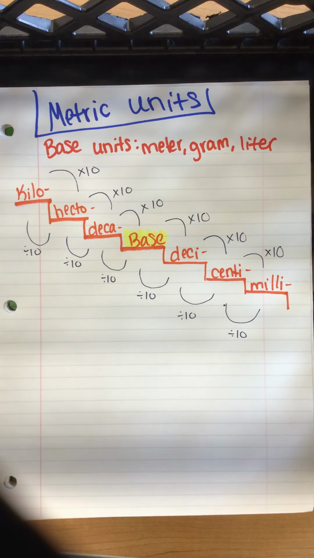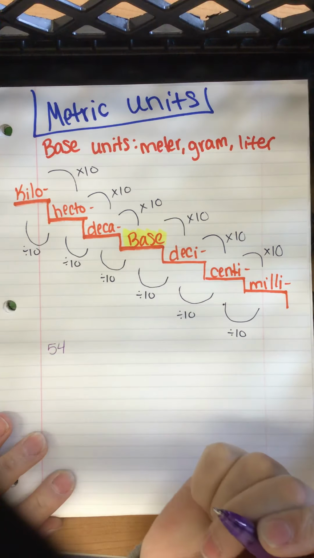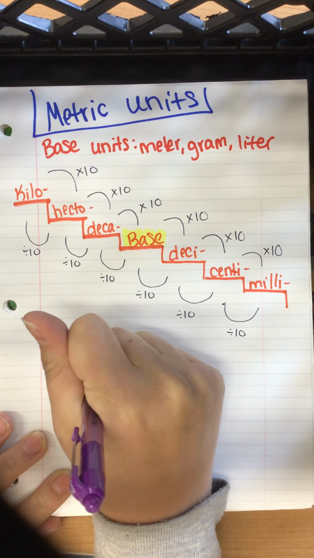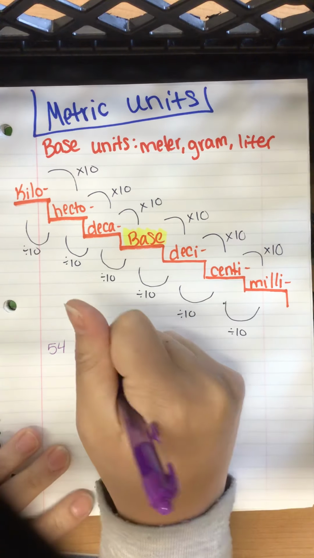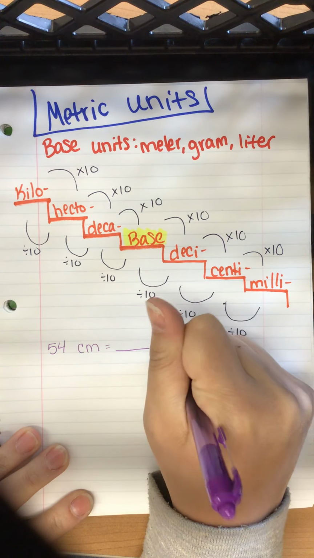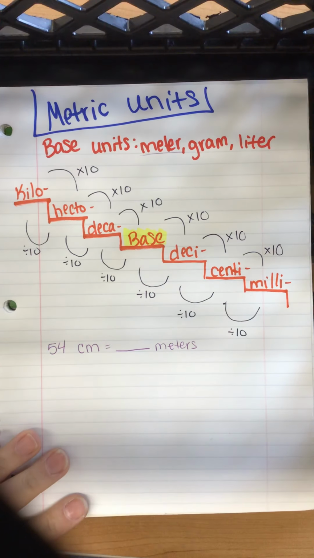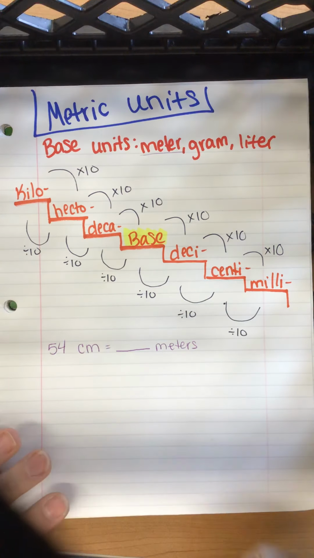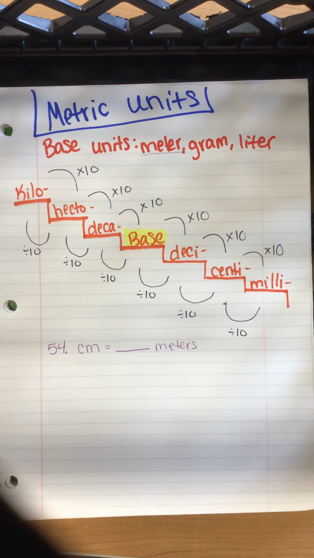All right, so let's do an example. Let's do 54 centimeters. Okay, cm is centimeters, so that would be right here. And we want to find what that would be in regular old meters, which is a base, okay? So when we have 54 as a whole number, we actually have a decimal point behind 54.